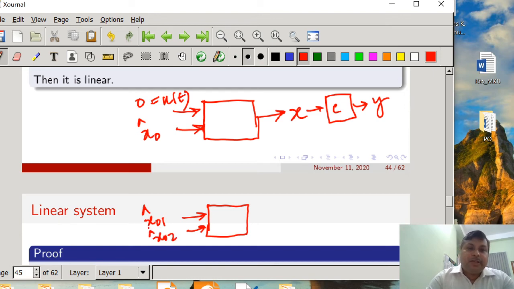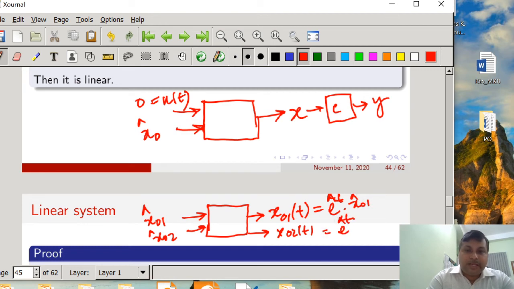Then what will be x01(t) and x02(t)? From the formula, if there is no input, it is simply e^(At) times x01 hat, and e^(At) times x02 hat. That has been told here.